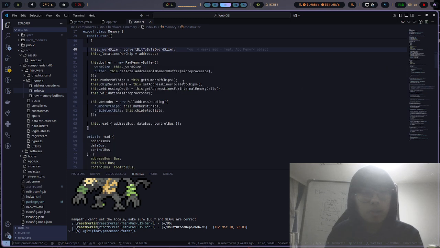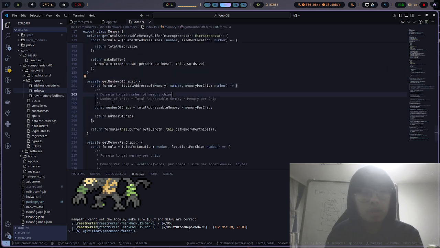And I already made the number of chips from a formula. The formula is the total address of the memory divided by the memory per chip. That's the formula I made.